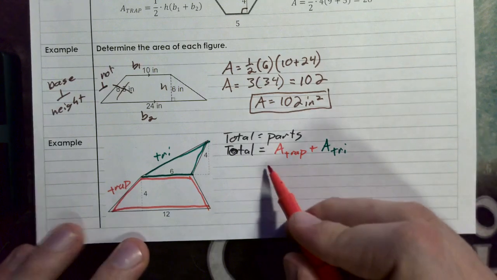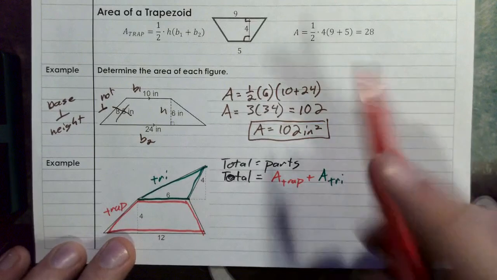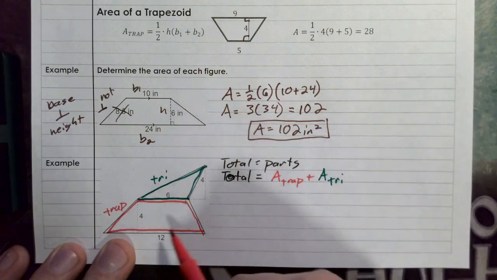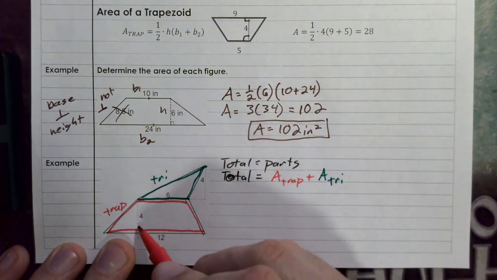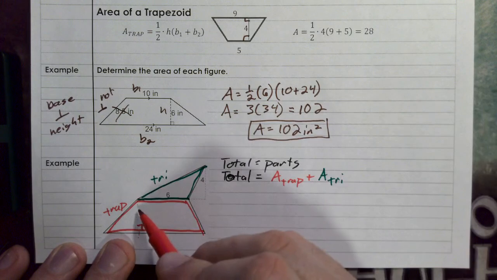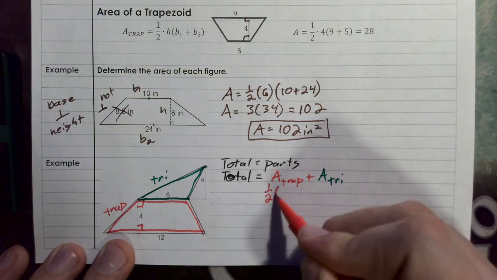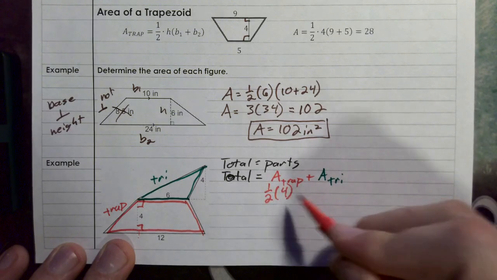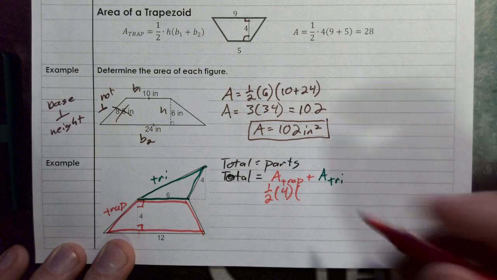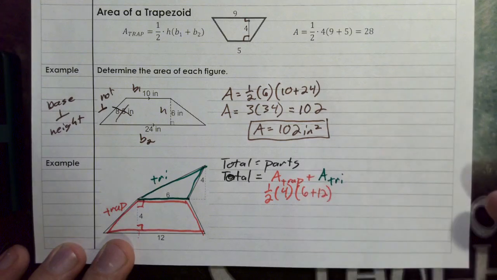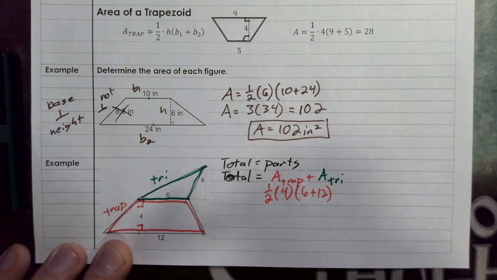So the area of a trapezoid, we were just talking about, that's this thing. So 1/2 our height, and then our two bases added together. So our height is right here because it's perpendicular to our two bases. So we've got 1/2 the height of our trapezoid, which is 4, the thing that's perpendicular to our two bases, and then 6 plus 12, the two things that 4 is perpendicular to.